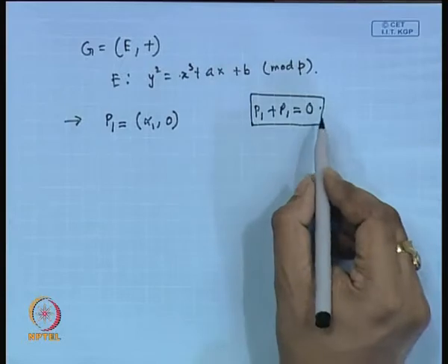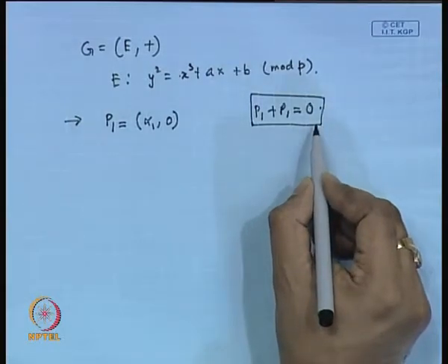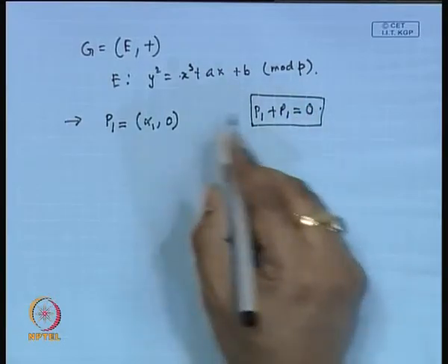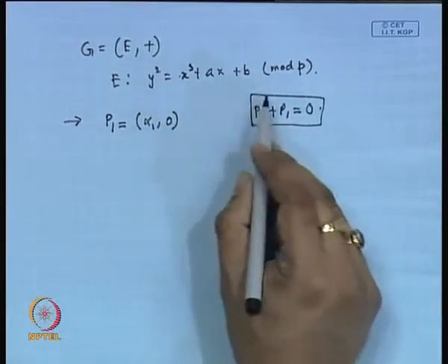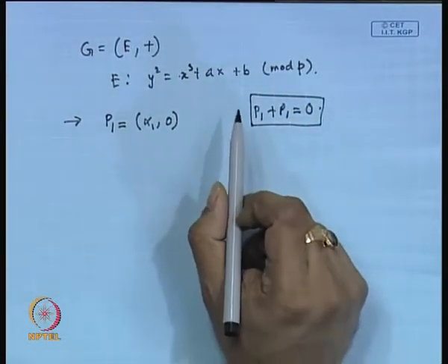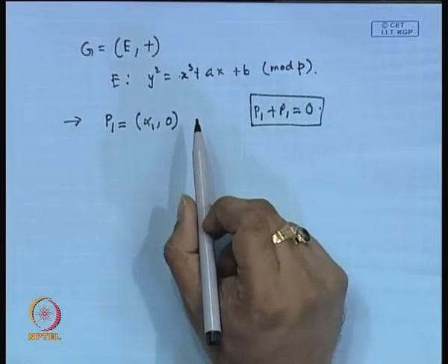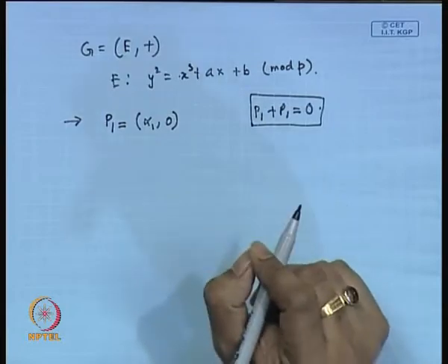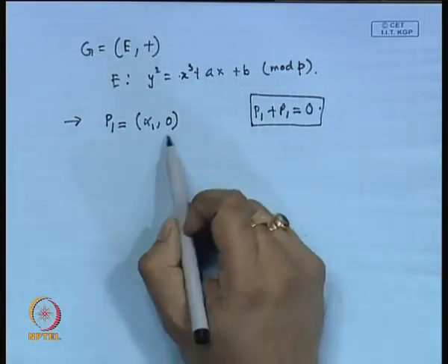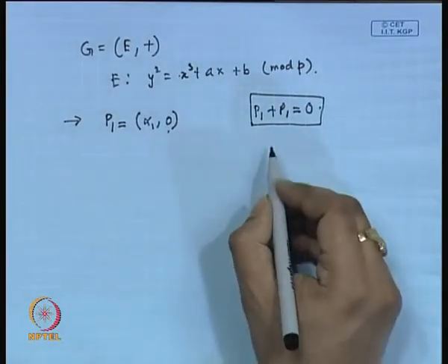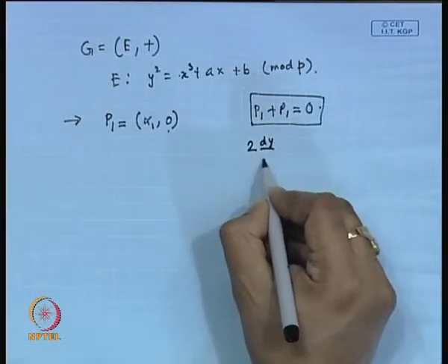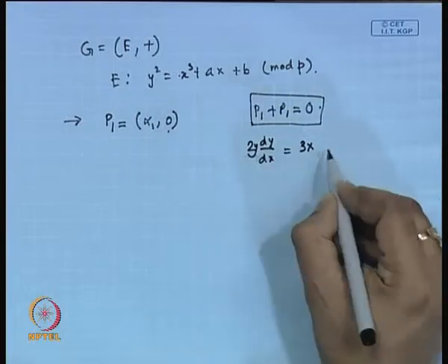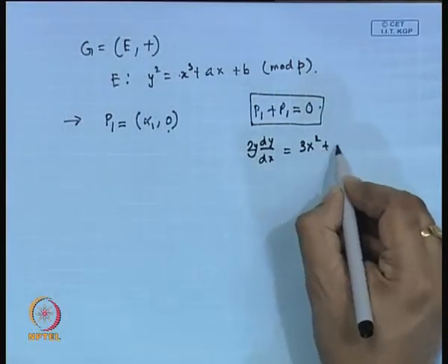It is very simple. If I want to obtain the doubling operation here, then I have to take a differentiation of this. There is a small catch here: you cannot apply the doubling equation straightforwardly, because in the derivation of doubling we had assumed that y was not equal to 0, but here y is equal to 0 for this point. So, if I take a differentiation, I get 2y dy/dx equal to 3x square plus a.